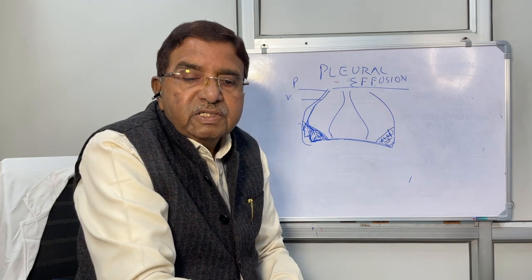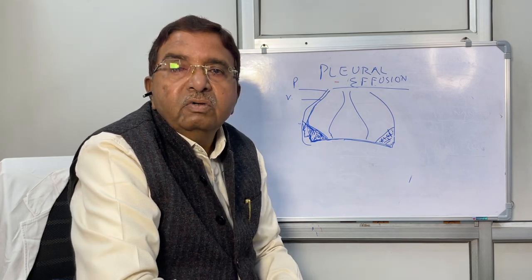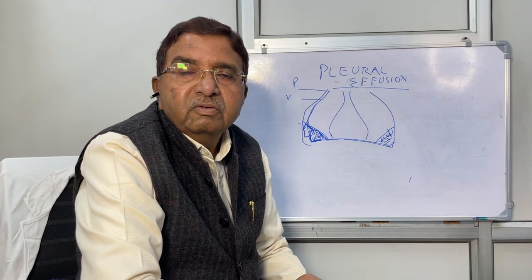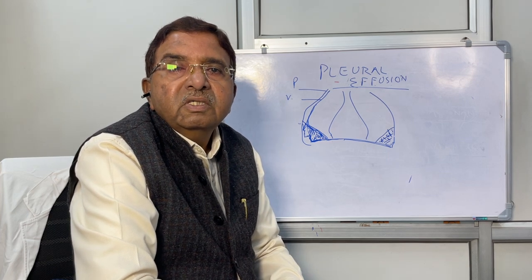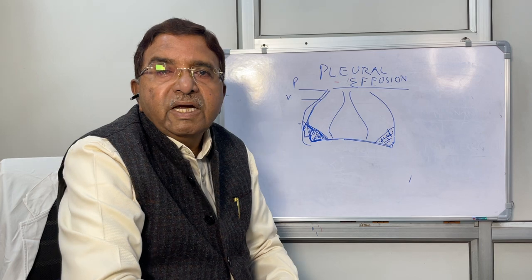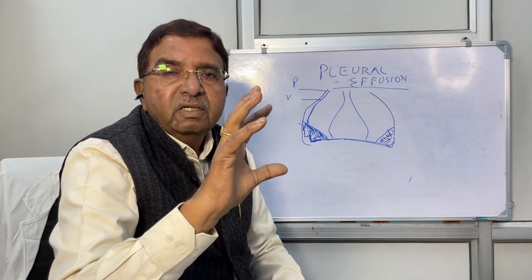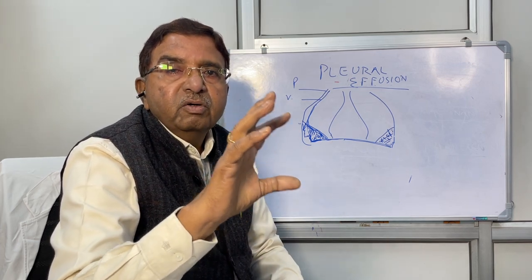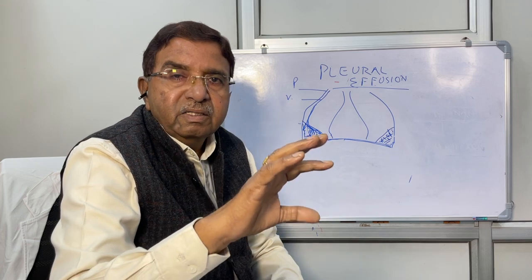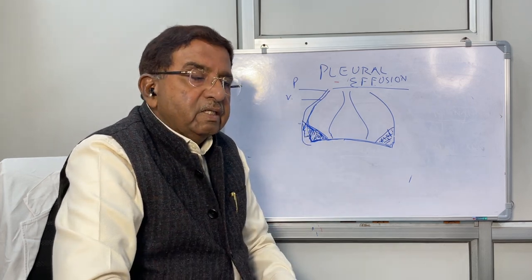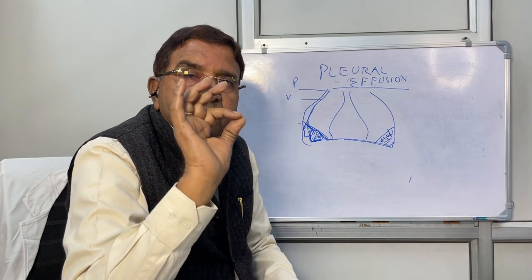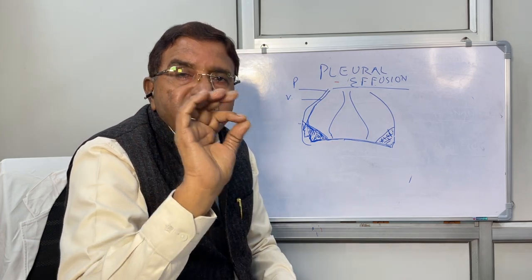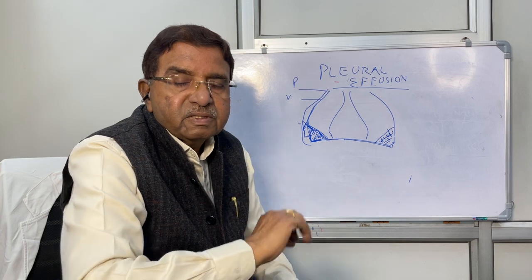Then the second investigation is ultrasound of the upper part of the abdomen to find out movements of the diaphragm, collection of fluid on the side, and the amount of fluid, which can be estimated on ultrasound examination, and we can also get the site of aspiration from where we can aspirate the fluid for diagnostic purposes.